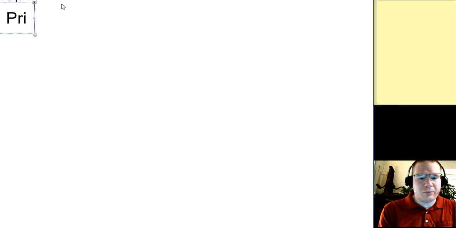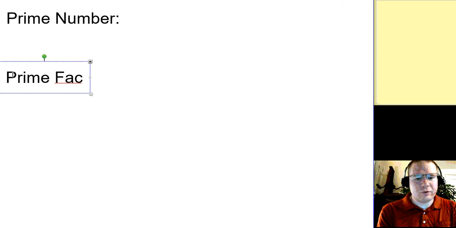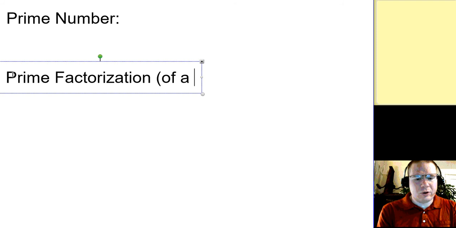In our last video, we looked at factoring 240 and at factoring 241. And we skirted around or just started to introduce these two new words, prime number and prime factorization of a number.